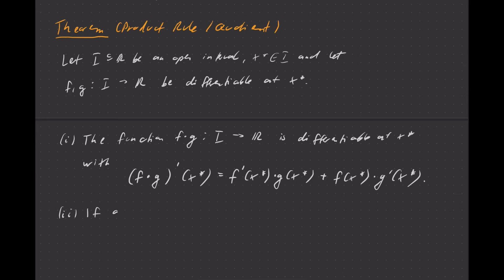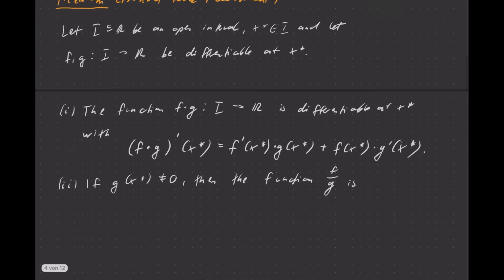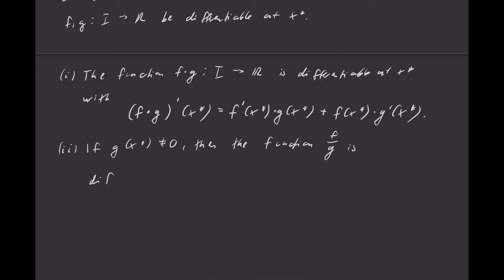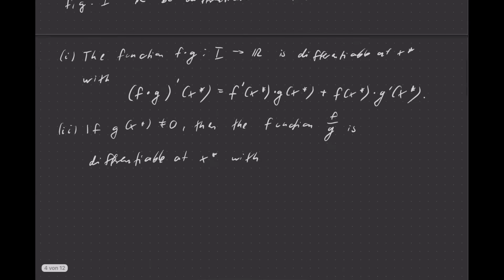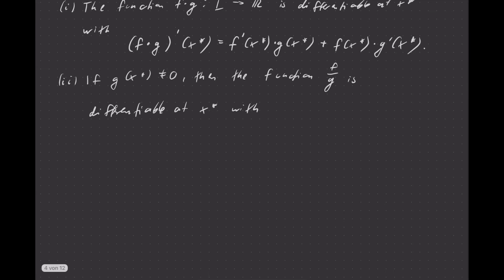So if g of x star is not 0, then the function f divided by g is differentiable again at x star, and the derivative can be computed as follows.